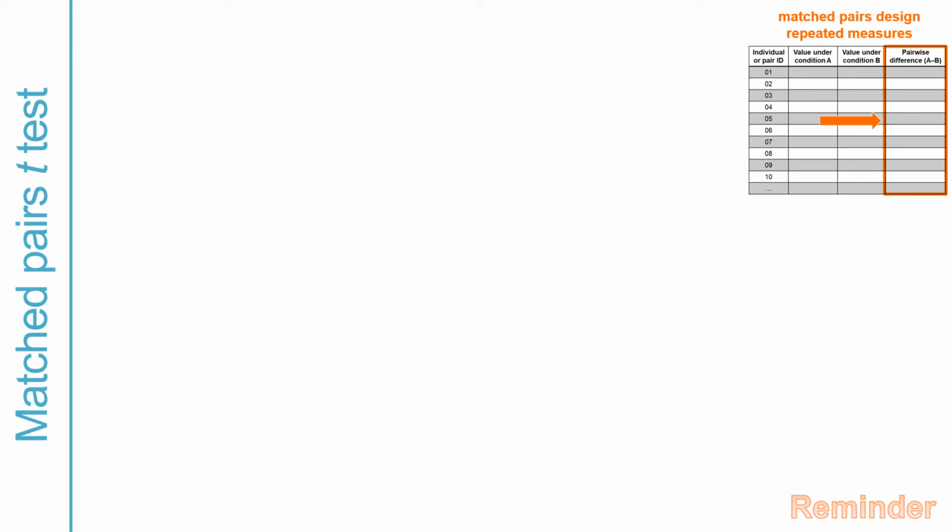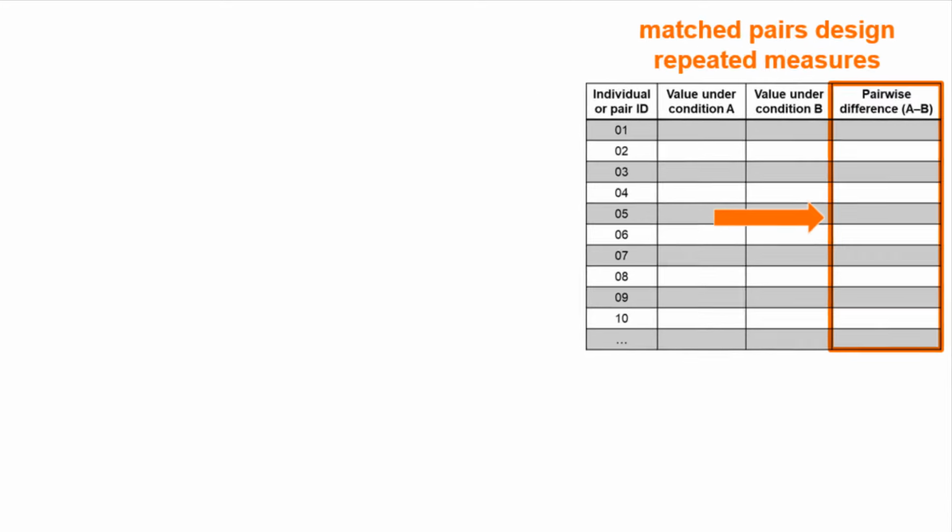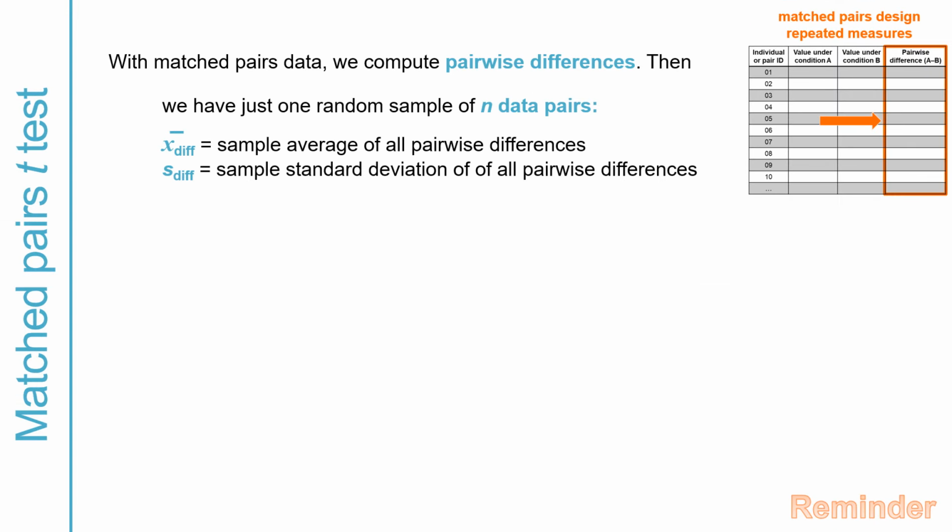When discussing T procedures for a confidence interval to estimate the unknown mean mu of a population, we also introduced the concept of matched-pairs T procedures. When we have pairs of data or repeated measurements on either the same individuals or clearly related individuals, we can compute a pairwise difference if we have a quantitative variable, and then that means that we have just one random sample of n data pairs.